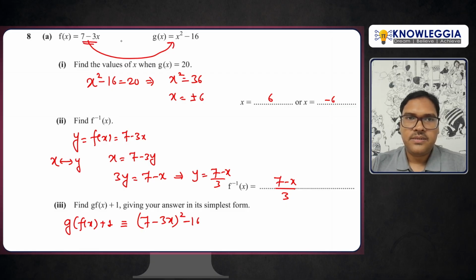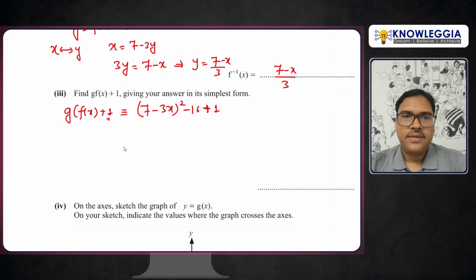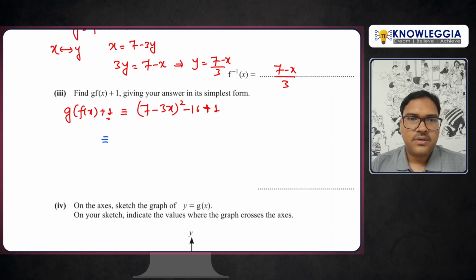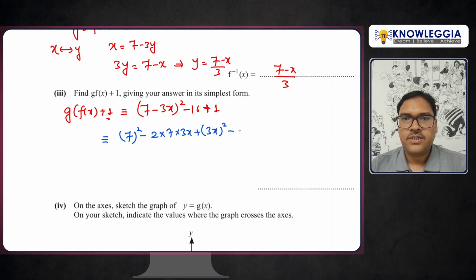I'll put this in this, and we have to add plus 1 also, they have mentioned it. Okay. So now write the answer in simplest form. So I'll open this. We know (a minus b) squared is a squared minus 2ab plus b squared, and minus 16 plus 1 is minus 15.